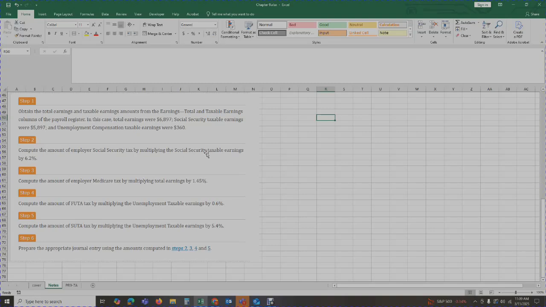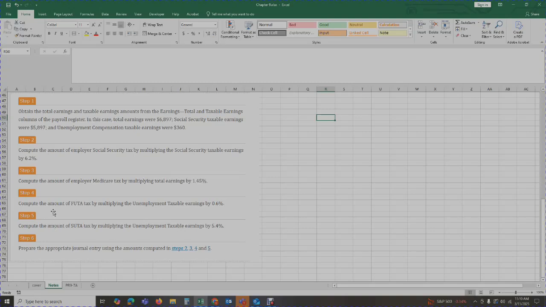In step 2, we're going to calculate the Social Security taxable earnings. In step 3, we're calculating the total earnings. Why? Because in step 2, Social Security has a cap of $160,200. Anything above that cap, we don't tax. Medicare has no cap, so total earnings will be multiplied by the rate of 1.45%.